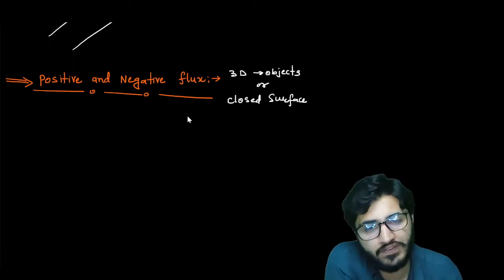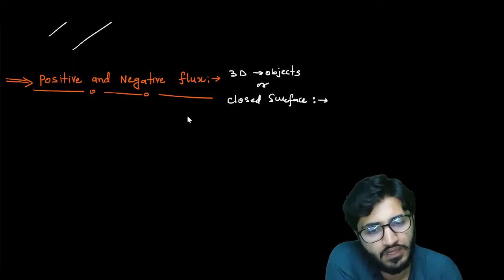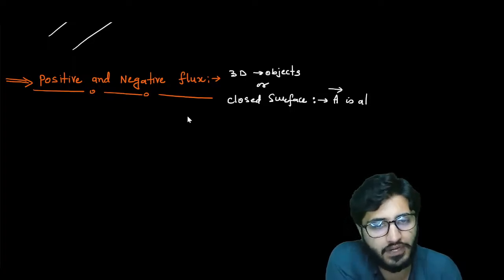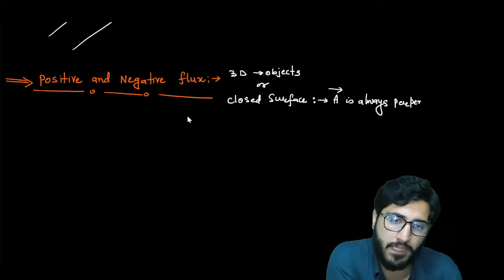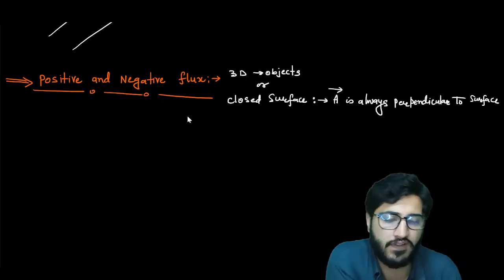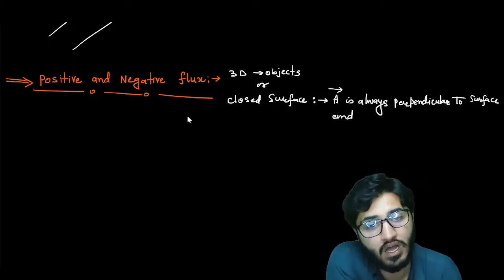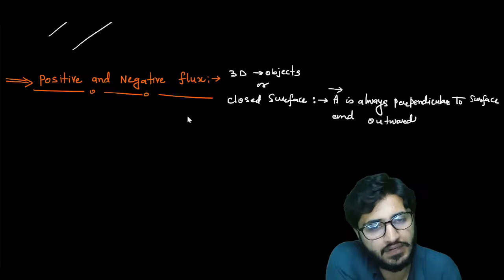If we have closed surfaces, we have to take care of the direction of the flux. If we have a closed surface, the direction of the area vector is always perpendicular to the surface, like in 2D, but outwards.